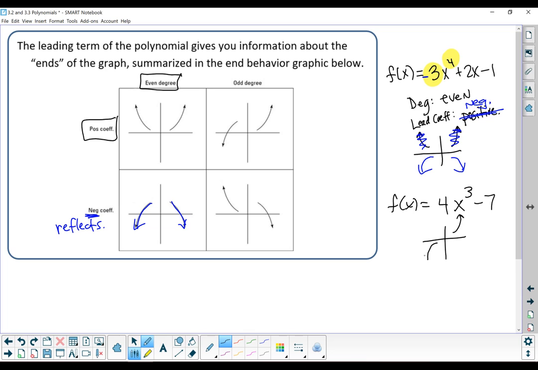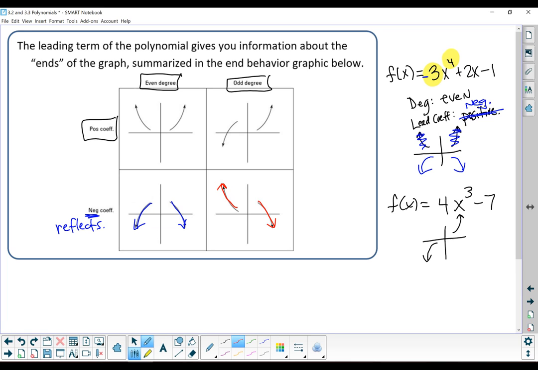But on the negative side, if we substituted a negative number into this, a negative number raised to the 3rd power would be negative. So the two ends are doing different things. On the right, it's going downward, and on the left, it's going upward. So that's the behavior we see with odd degree polynomials with positive coefficients. And again, if you have a negative coefficient, it just reflects it so that the right side is going downward and the left side is going upward.